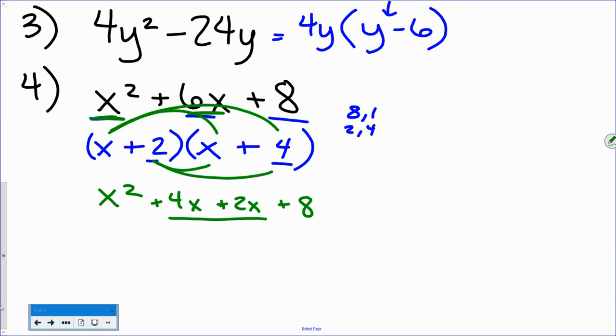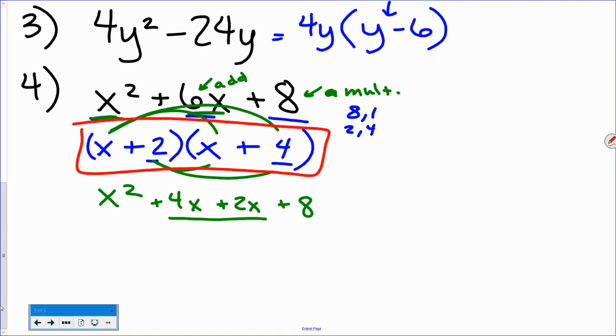Okay, so when you're setting up the two binomials, like I did above, they must multiply to your last number and add to the one in between. Okay, so this is what you'd be typing in Math Excel. I'd multiply it out to double check that my answer is correct. All right, that's not something that I would have to include.